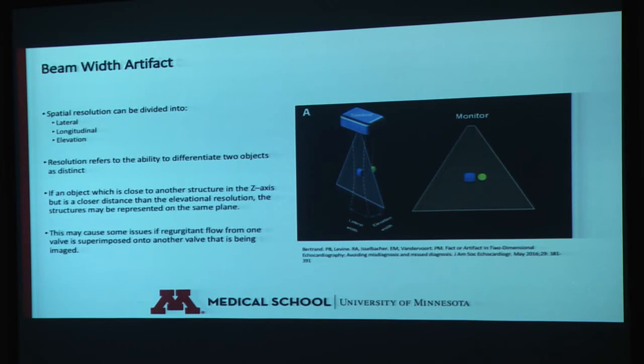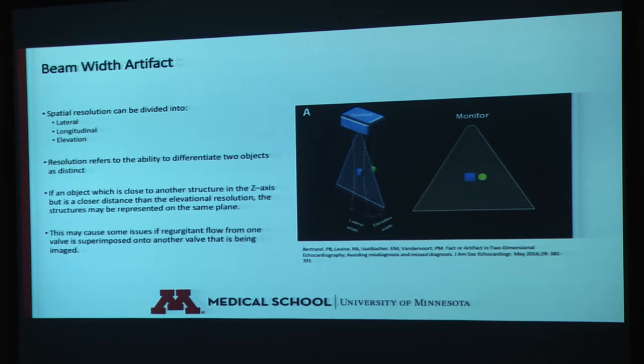The ultrasound assumes that the beam that is sent is infinitely thin, and it could detect the difference between the two structures, the blue one and the green one there. Now, if these structures are closer to each other than the actual elevation resolution of the ultrasound beam, then you end up with these objects being placed kind of superimposed on the same plane.